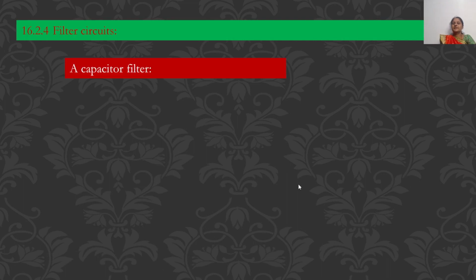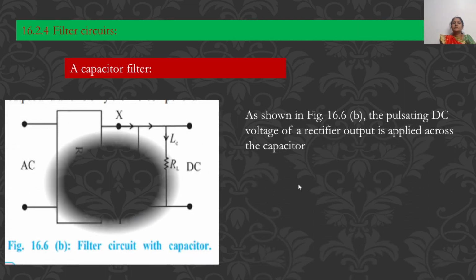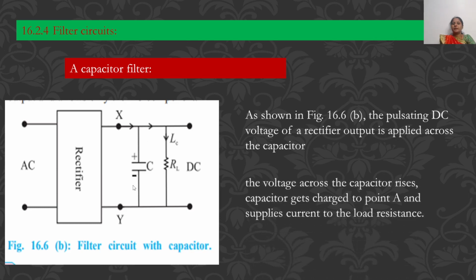A capacitor filter, as shown in figure B: the pulsating DC voltage of the rectifier output is applied across the capacitor. The voltage across the capacitor rises.